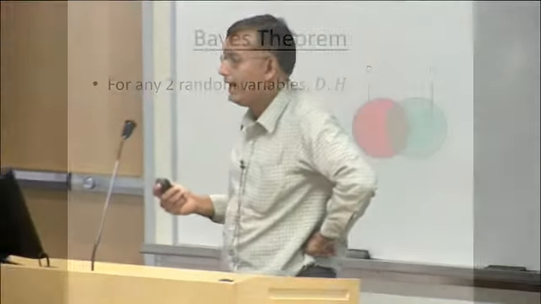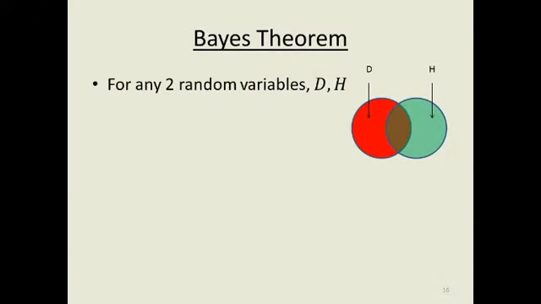And the green circle tells you all the possible values that H can take. And brown here, the intersection, is the place where D takes on a specific value and H also takes on a value within that brown circle.